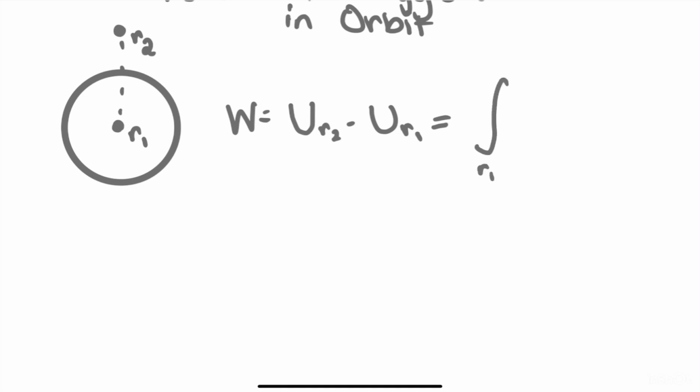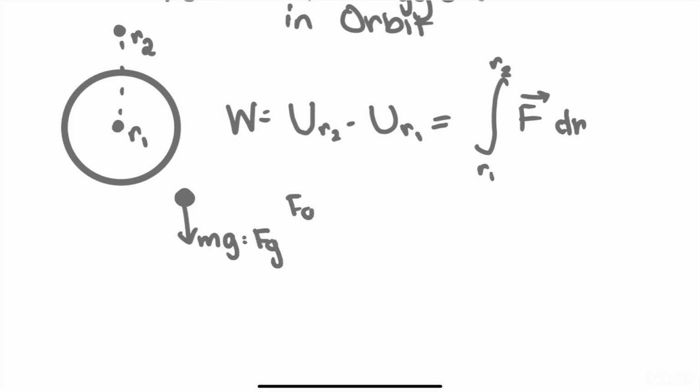is equal to the integral from R1 to R2 of the force vector with regards to the displacement, which we'll call R. And we know that the only force acting on the object at both of these points is mg or Fg.